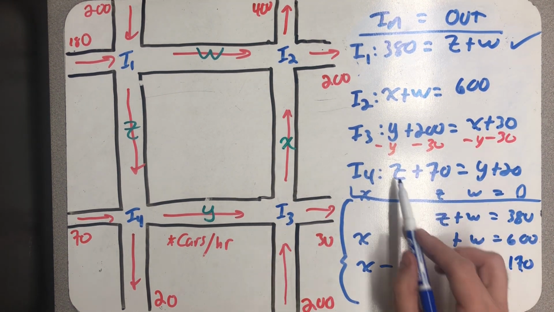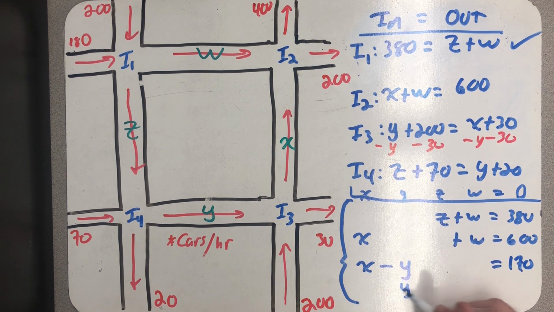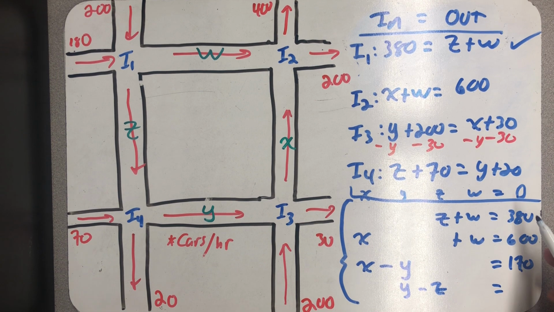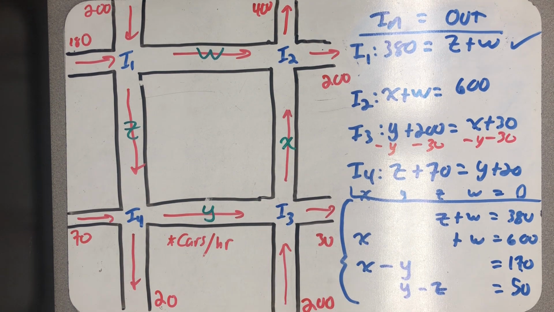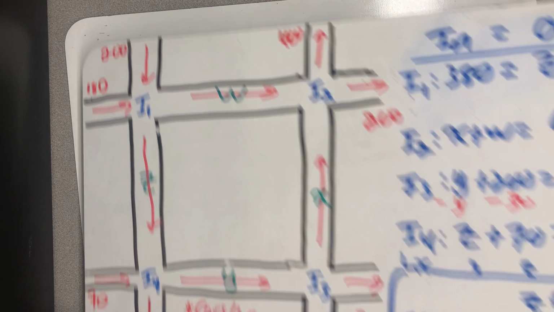I'm going to do the same thing here. I'm going to take z away from both sides. So I have y minus z is equal to, and then 70 minus 20 is 50. And so there is my system of equations that governs this system of intersections, with our goal being to keep the traffic moving. I'm going to write that system on the next board so that we can work with it and answer the rest of the questions.